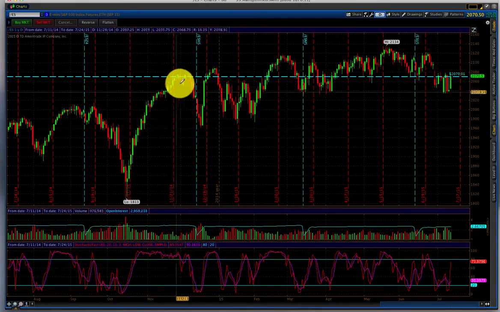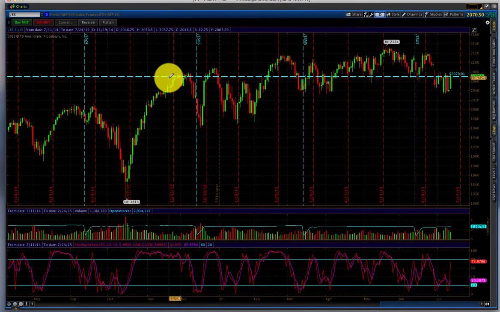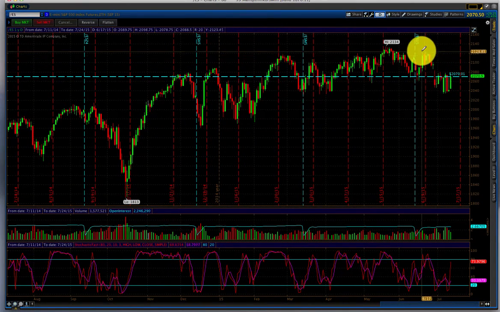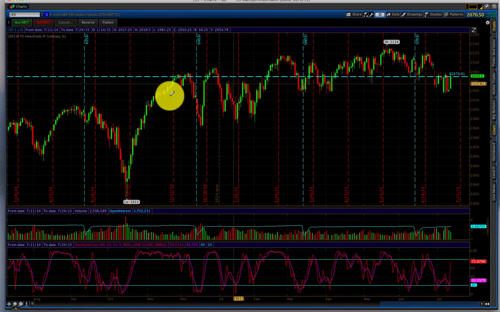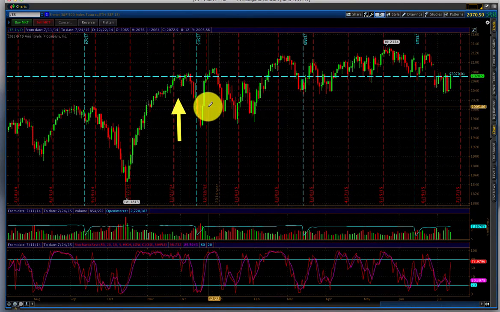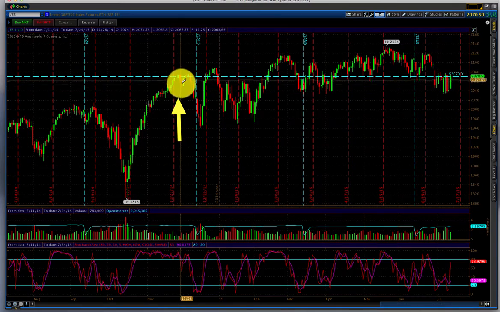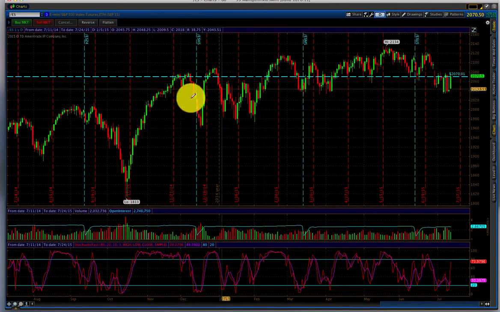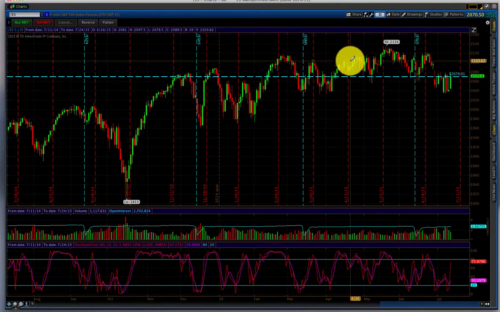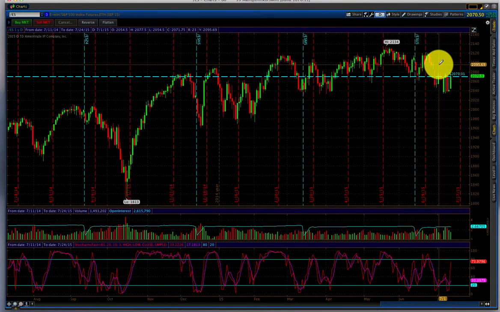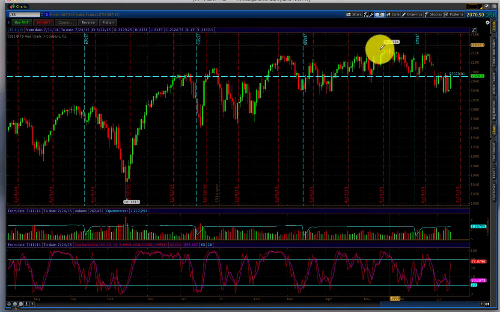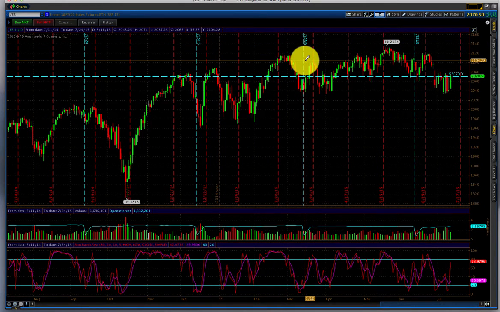Yeah, I mean, with all the moves, this is going back to last November, December, February, with all the moves that we've had in 2015, up to this 2134 on the ES.